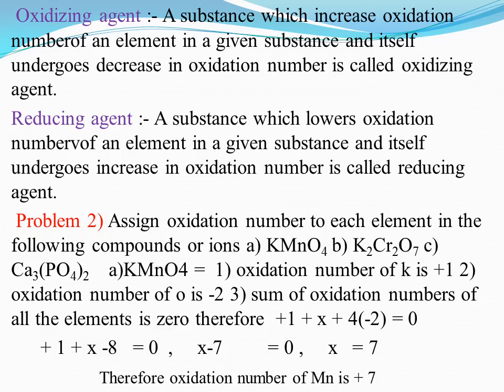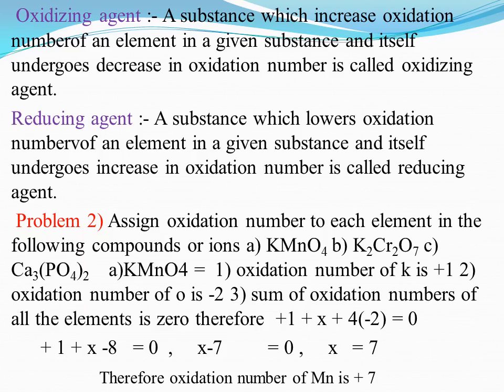Now let us learn one problem on this. Assign oxidation number to each element in the following compounds or ions. There are a few examples on the screen. From those, we are going to learn the first example, KMnO4. Oxidation number of K is +1.